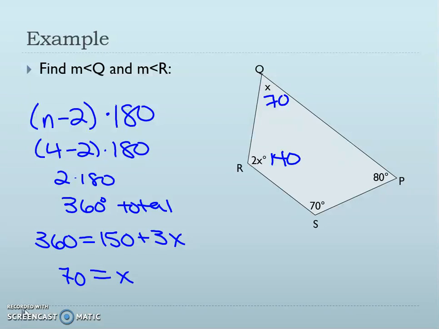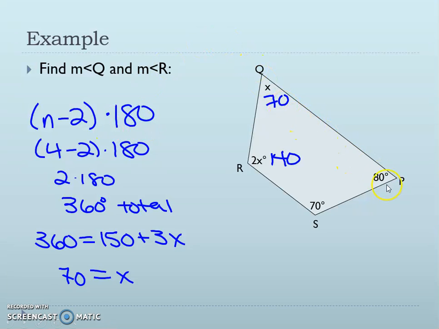Let's do another one. Find angle Q and angle R right here. First, you're going to use n minus 2 times 180, which is the formula. When you do this, you have to use the formula, look at the notes, and see what applies. So you're going to do the sum of the measure of interior angles.